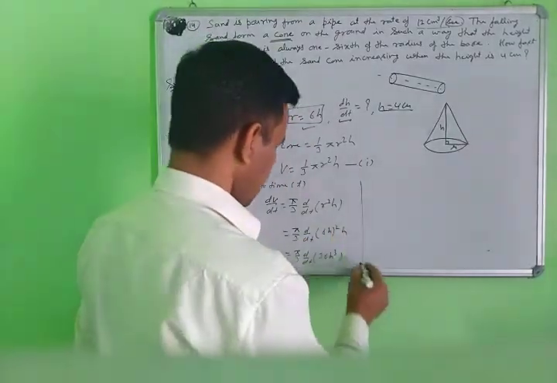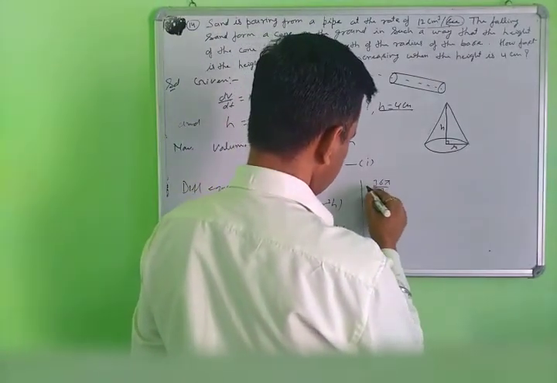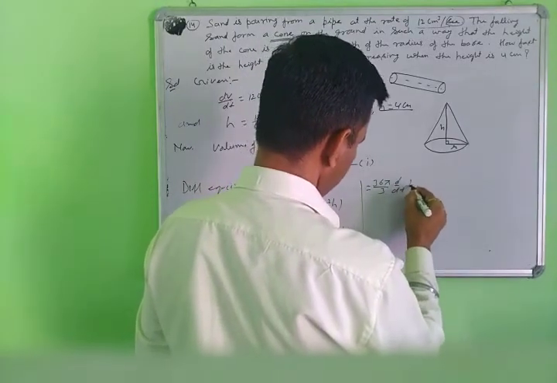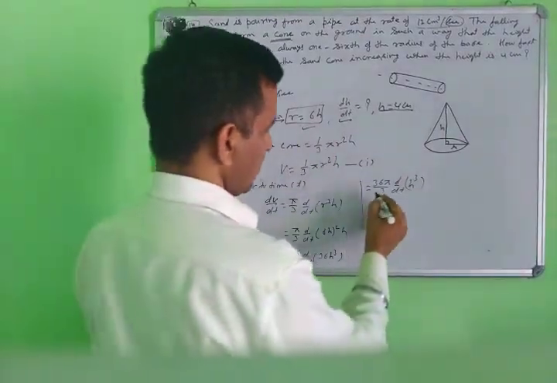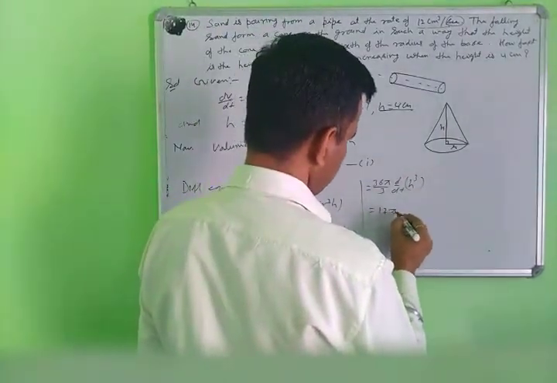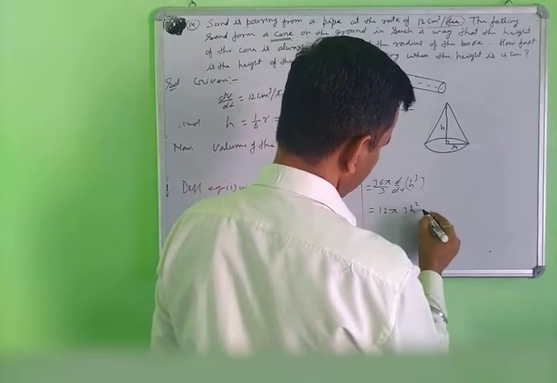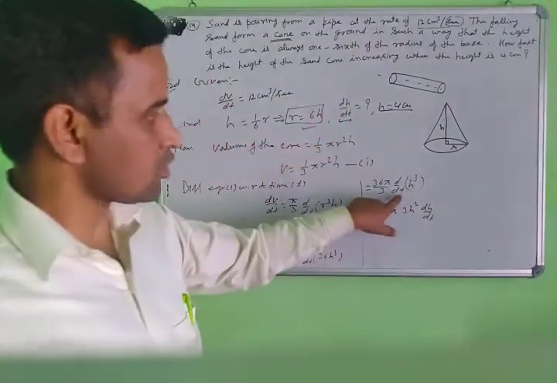What will you get here? 36 pi by 3, then d over dt of h cube only. You differentiate only h cube here. What will come? 12 pi, and 3h square times dh over dt, because we are differentiating with respect to t.